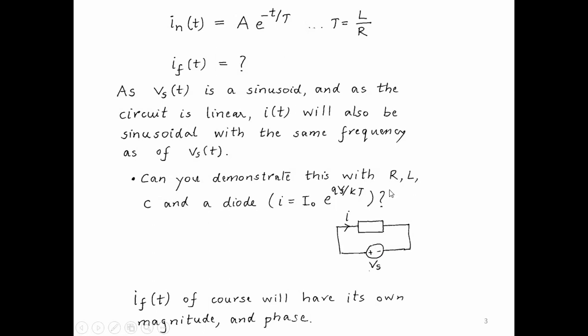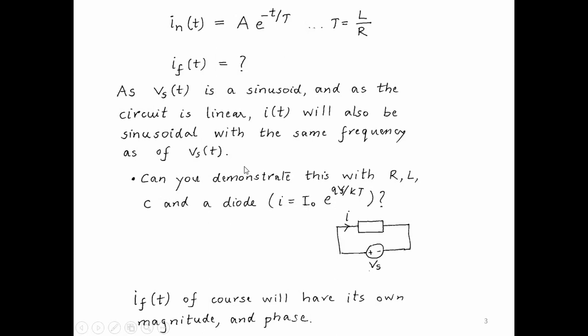This box can be R, L, C or diode, and the diode equation is this. Then the current will be a sinusoid of the same frequency as Vs if the element is linear. It's a straightforward thing, but it's an interesting thing to do. And of course we see that this is true.